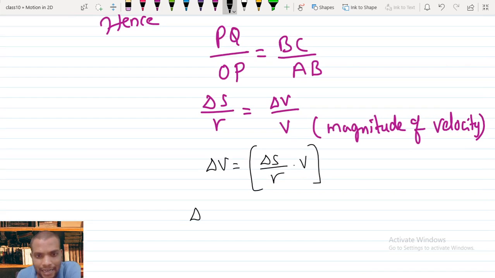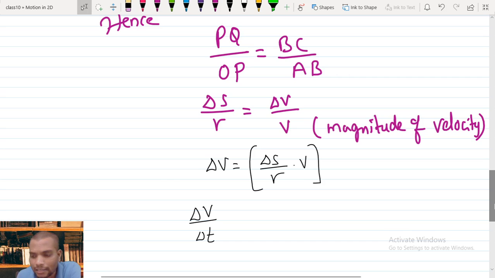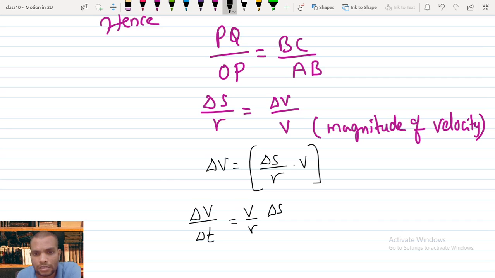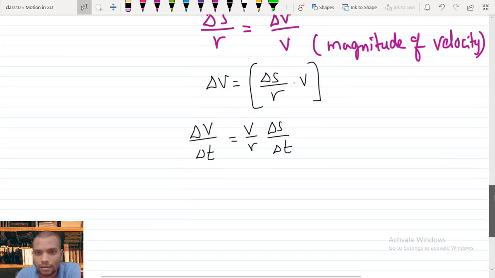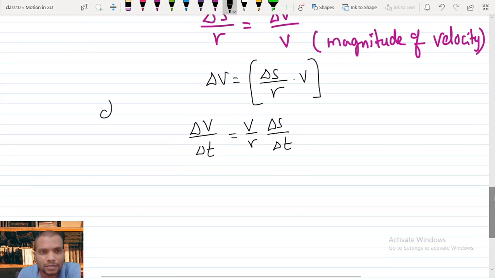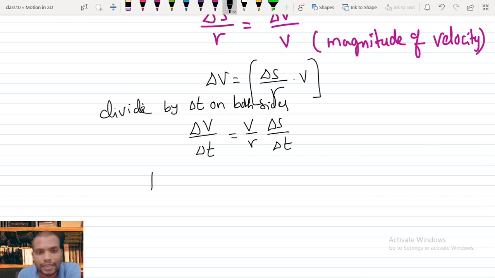To get the acceleration, I need delta V upon delta T. Just divide both sides by delta T. So here I can write V upon R times delta S upon delta T. Now take the limit as delta T tends to 0.